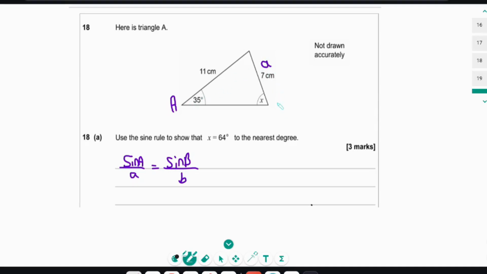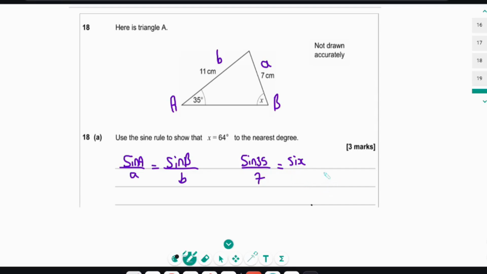So little a, big B, little b. So we've got sine 35 over 7 equals sine x over 11.